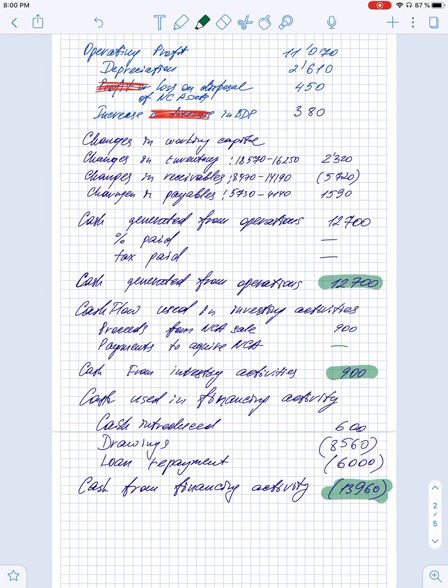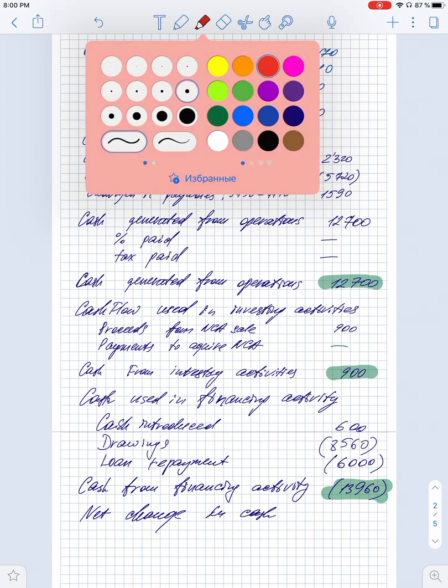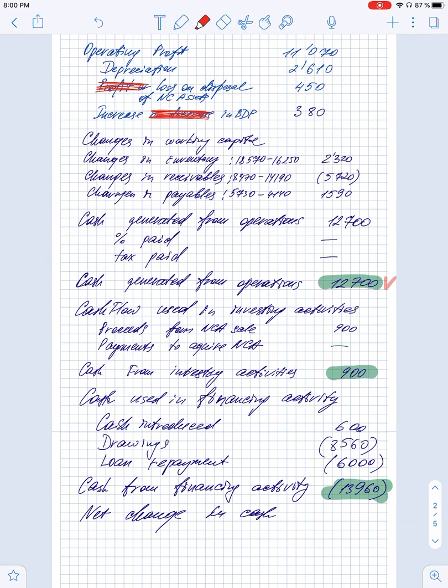But the last line of the cash flow statement always reads net change in cash. So net change in cash for the period is the sum of these three sections: cash from operating activity, cash from investing activity, cash from financing.